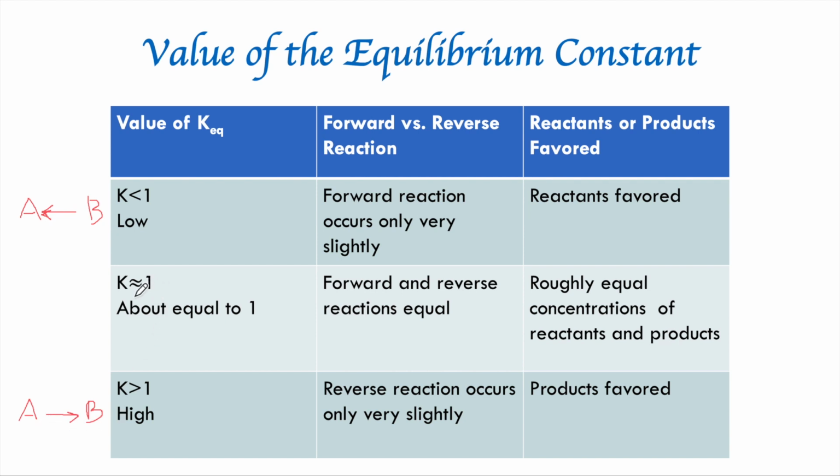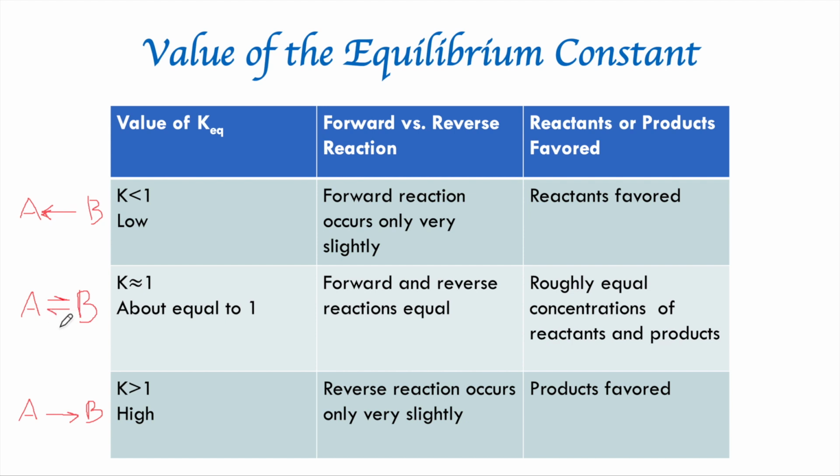Now, if it's basically 1 or pretty close to 1, then this is my reactant and this is my product, and we're going to have a reversible reaction taking place in between.